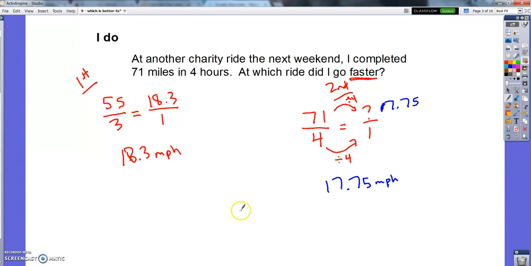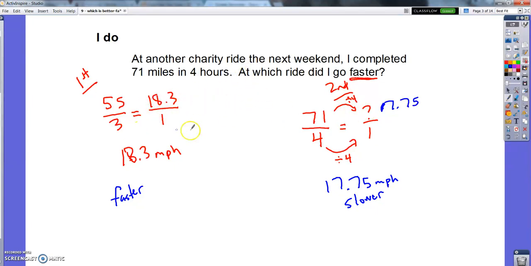It looks like over here I went a little bit faster. I went more than 18 miles each hour over here, and a little less than 18 miles each hour over here. So I was faster here each hour and slower here each hour, though it was pretty close. It was around 18 miles an hour at both of them. So that's how a better, faster, cheaper kind of problem works.